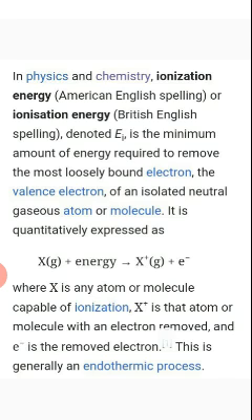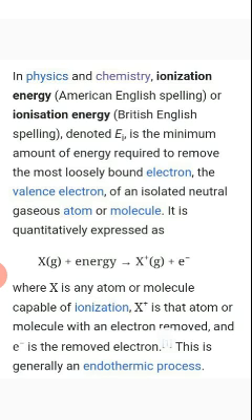You can see the difference with British English. Okay. The minimum amount of energy required to remove the most loosely bound electron, the valence electron, of an isolated neutral gaseous atom or molecule.